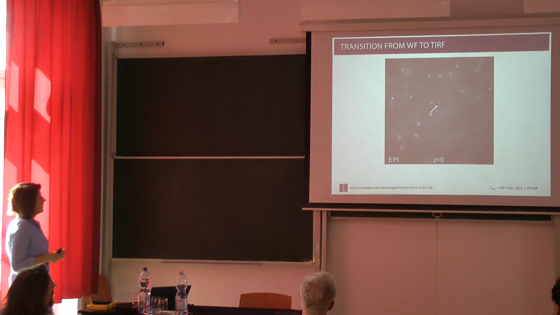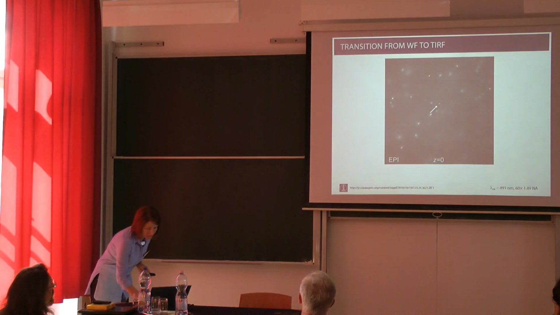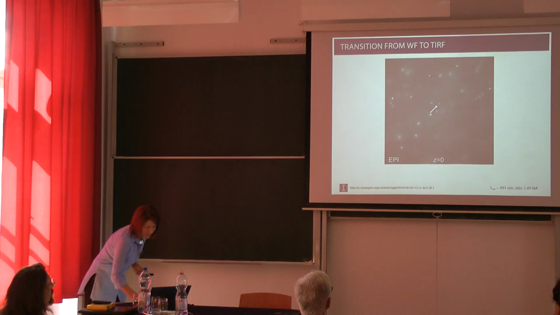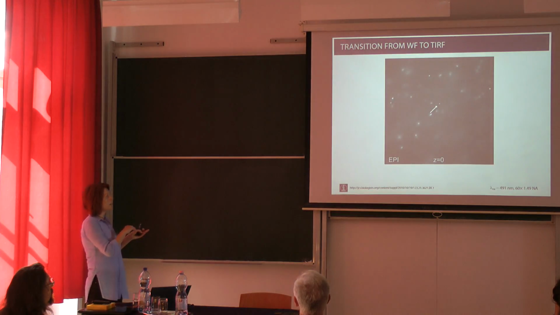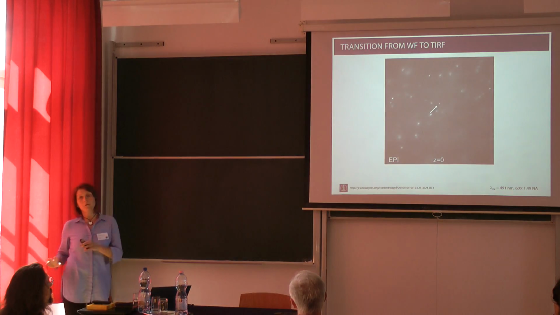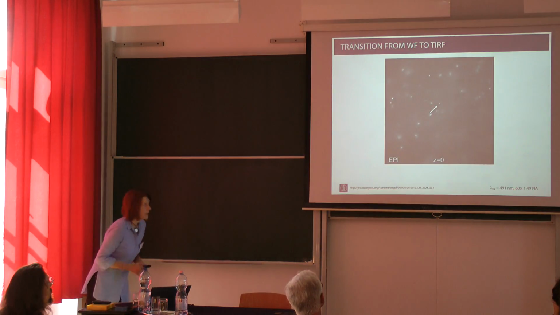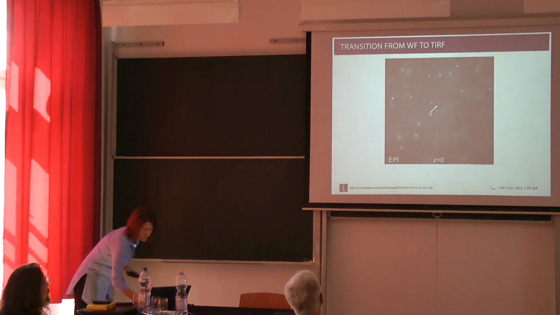Okay, so this is a movie that shows what we can see if we go from epi-fluorescence, wide field illumination, to TIRF illumination, and what you can see on this movie are fluorescent microspheres which are diffusing.